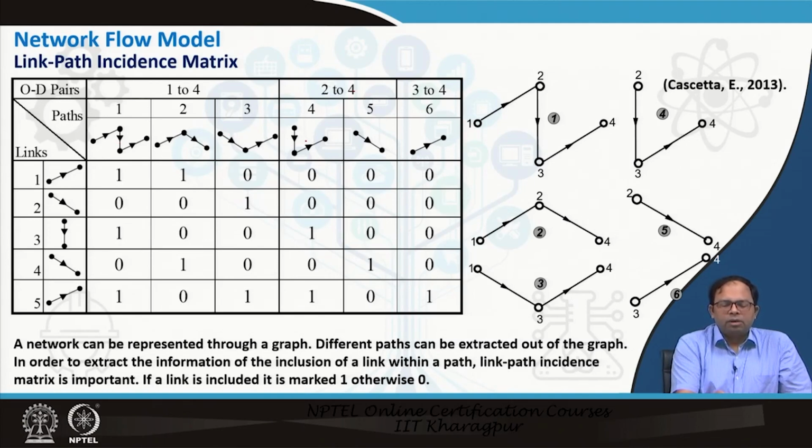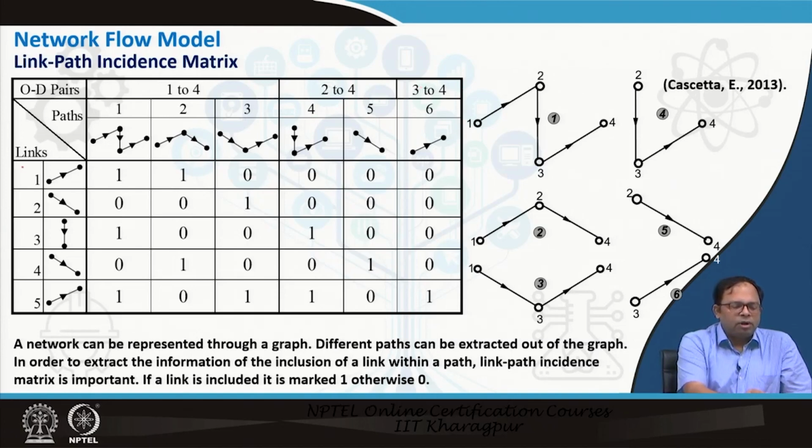From 2 to 4 we can go like 2, 3, 4 like this one, or from 2 to 4 directly, and then for 3 to 4 we can only go in one particular way. So, for 1 to 4 there are 3 paths, for 2 to 4 there are 2 paths, and for 3 to 4 there is only a single path.